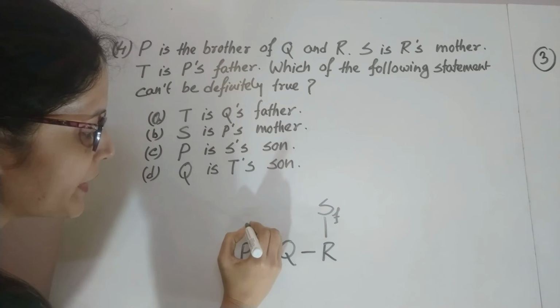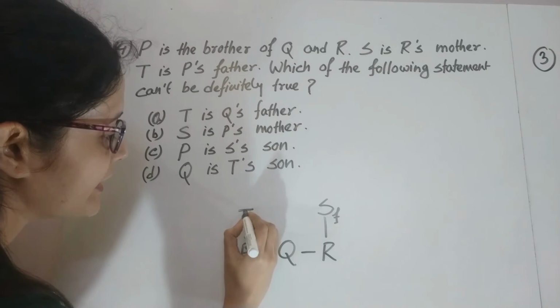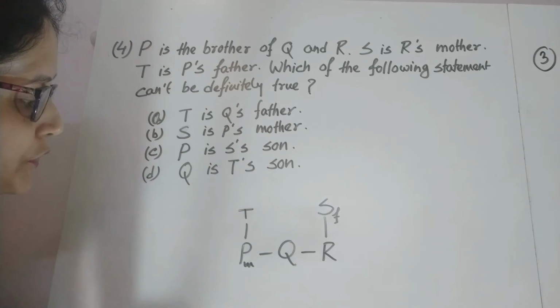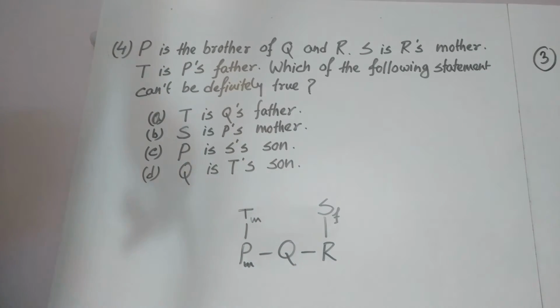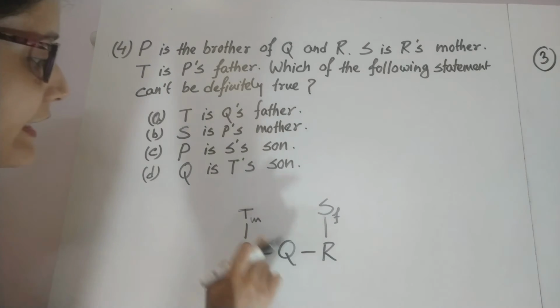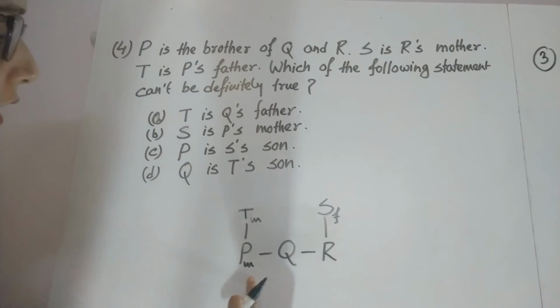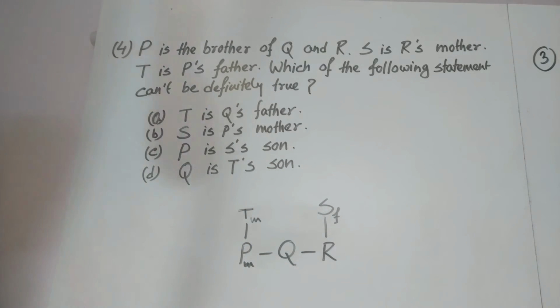Here T also belongs to the previous generation and he is a male member. Which of the following statements can't be definitely true? See, T is Q's father. Yes, T is Q's father because they all are brothers and sisters.